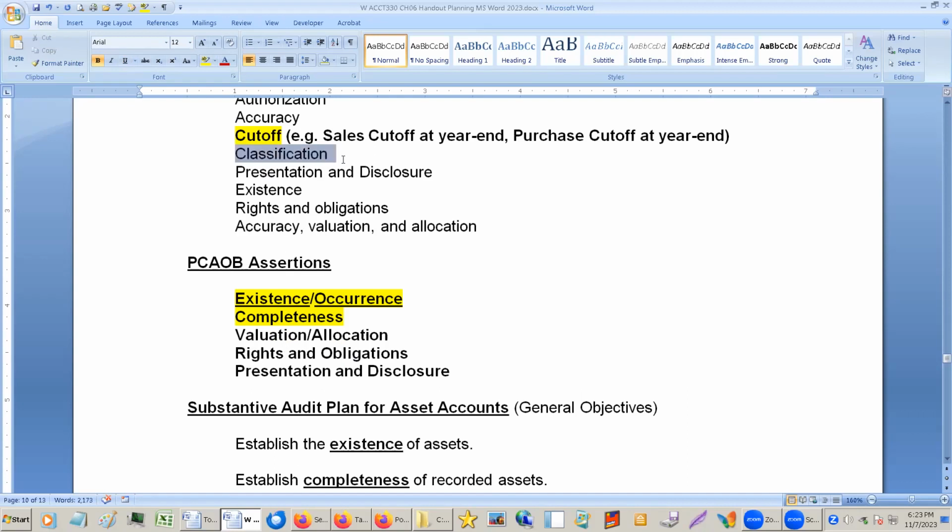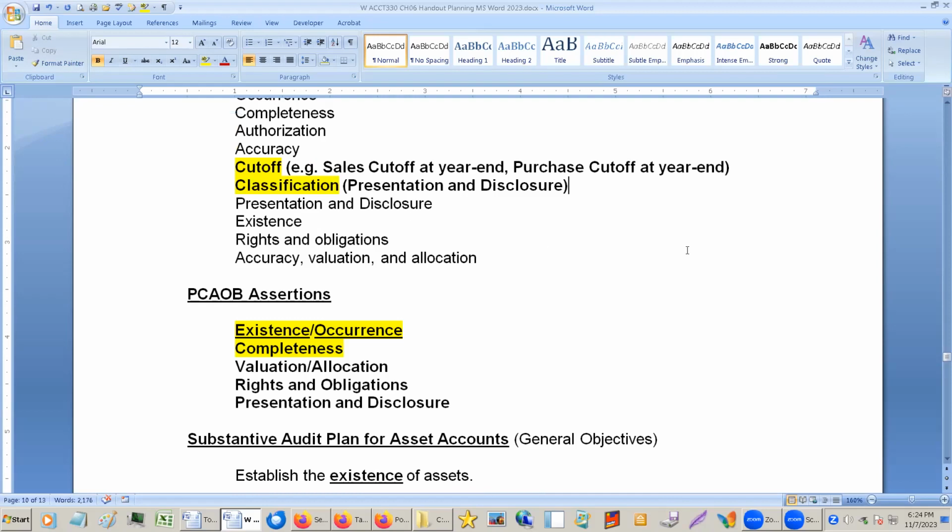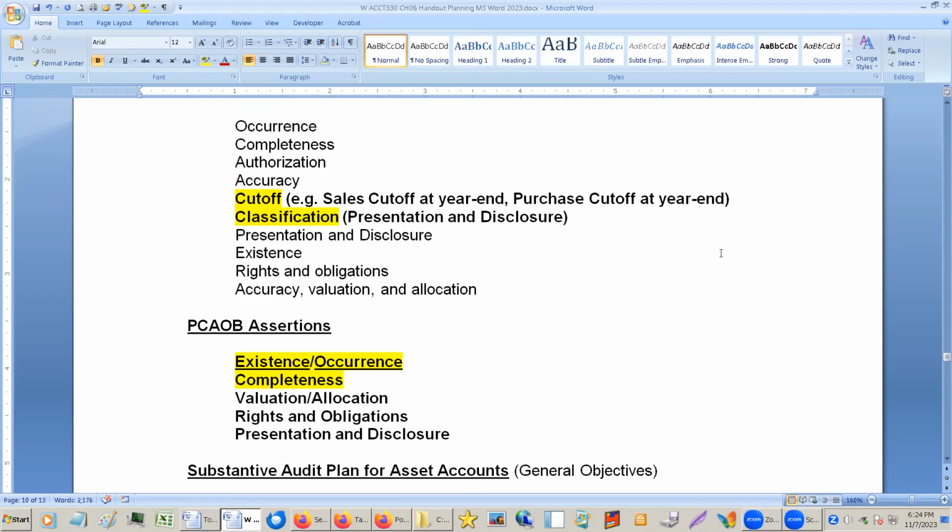So for instance, classification. This is sort of the same as presentation and disclosure. So it isn't that they're testing completely different things here. They're just breaking it out a little more completely. Authorization, the authorizations of it.